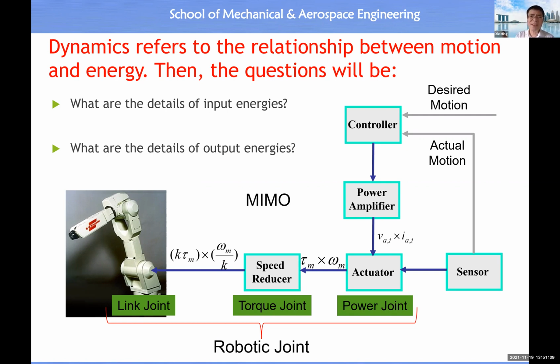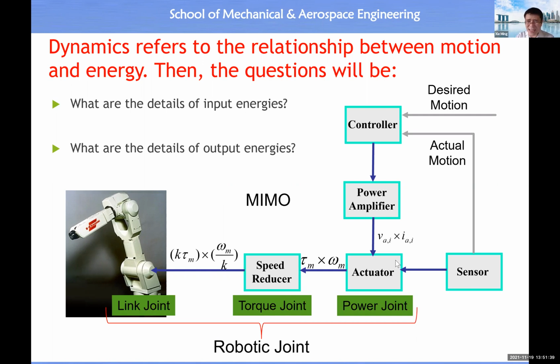And in physics, every one of you knows electric power is equal to voltage times current. So you see input to actuator motor will be electric power. Then in mechanic domain, mechanic power is equal to force times velocity or torque times angular velocity. So tau times omega represents mechanic power.